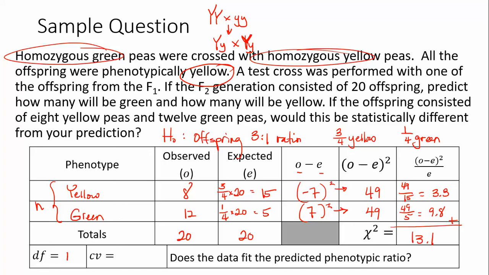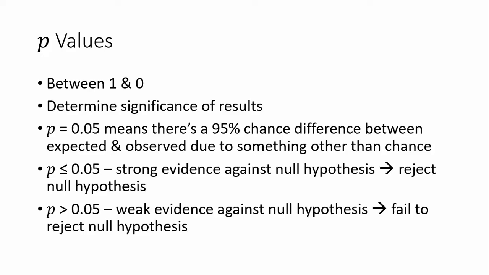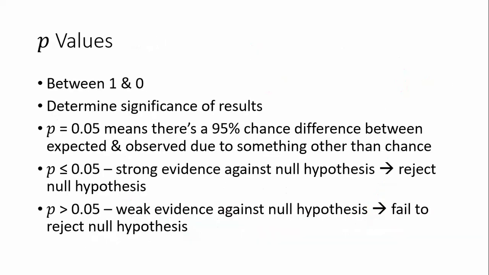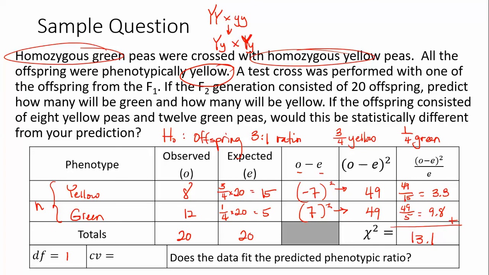So for this, I need to know what my critical value was. And let's go back to the previous slides and get it. For 1 degree of freedom with a p-value of 0.05, my critical value is 3.84. So now I need to see what's bigger, my chi-squared value or my critical value. Well, when I look at it, my chi-squared value is 13.1.